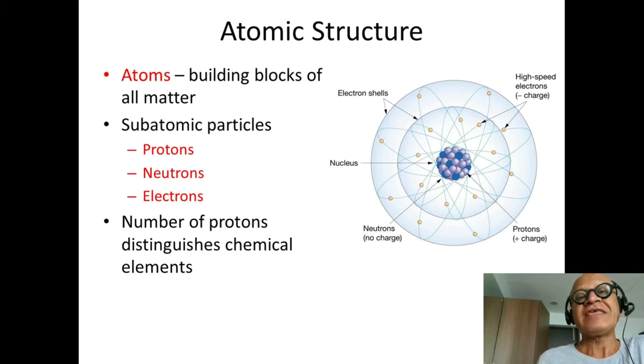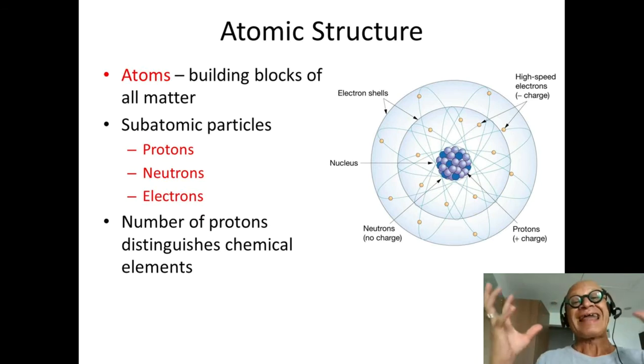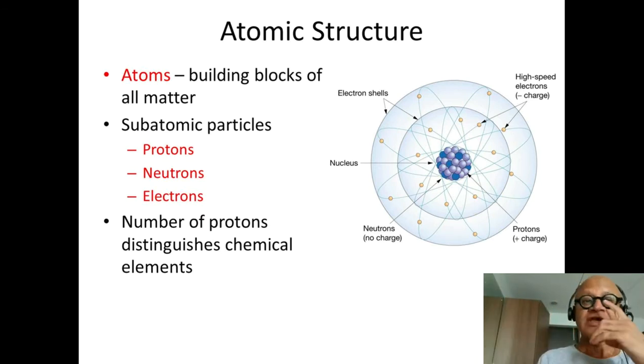The structure of the atom, when Niels Bohr proposed it and won a Nobel Prize for it, was simply viewed as a nucleus which has either just protons or protons and neutrons, and then you have a cloud of electrons around this nucleus, right?